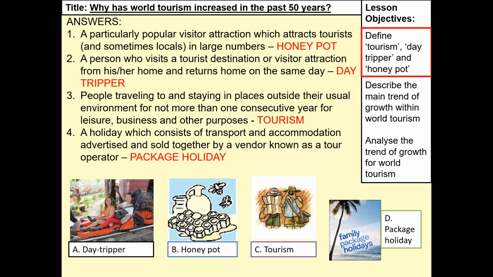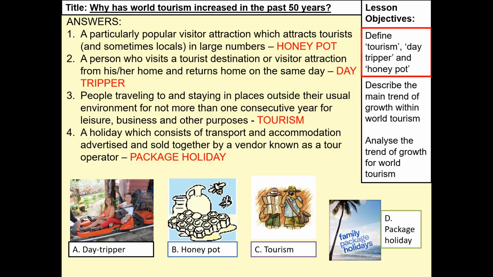Number 3 was tourism, so that's people travelling for up to a year consecutively. Could be leisure, business or something else. And finally, package holidays, so that's where you might buy a holiday and transport and accommodation all as part of one purpose-built item. Moving along, so make sure you've got those in the correct order please.